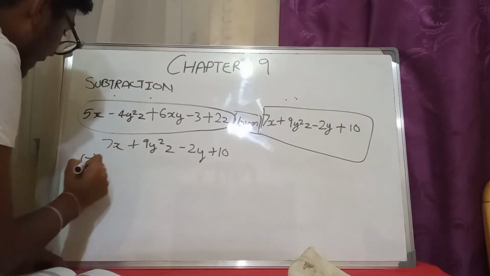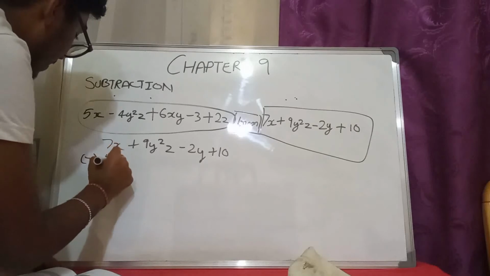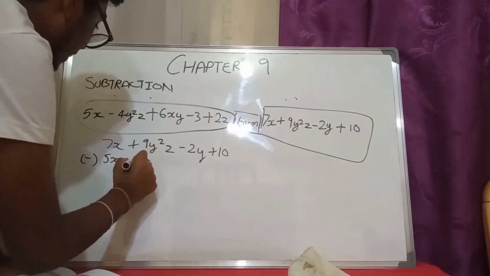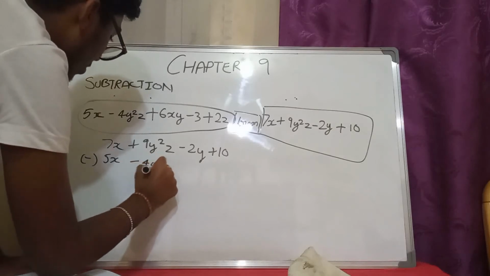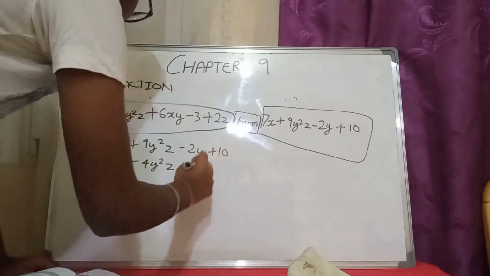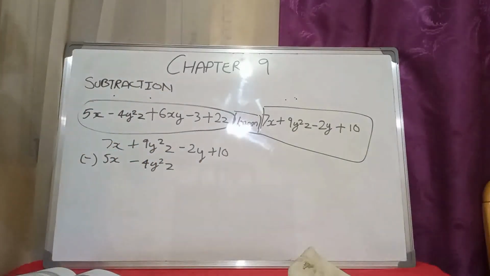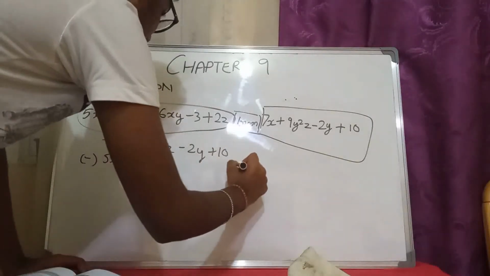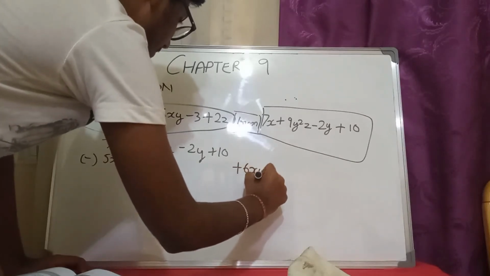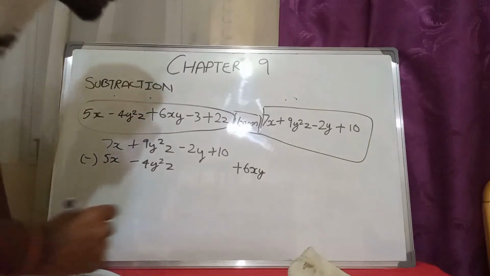So it is subtraction, 5x, 4y squared z, 6xy. Sadly there is no xy like term here, so we'll just write it here, plus 6xy minus 3.